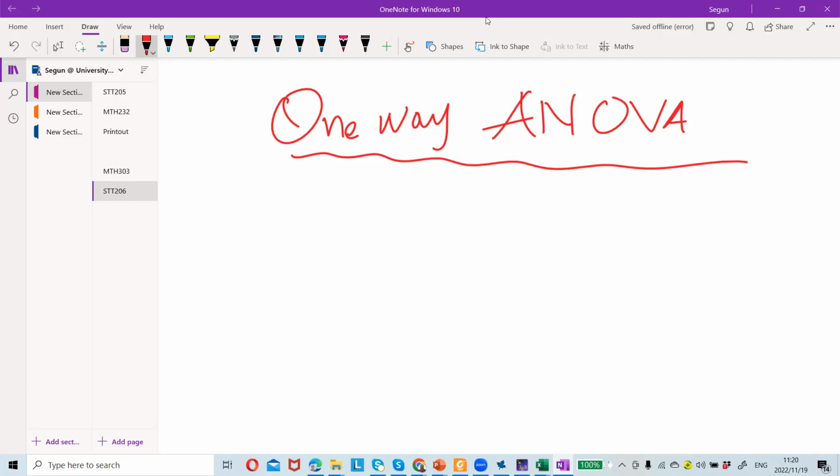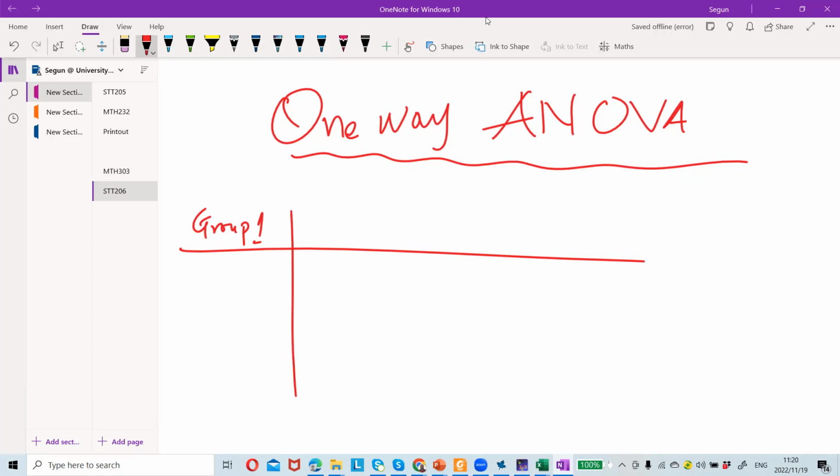Look at this question. You have a group of students, group one, group two, then group three. Group one has 1, 2, 5.